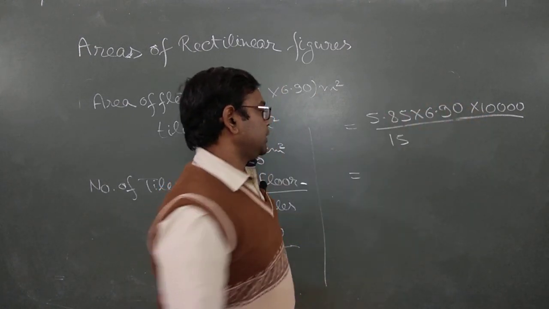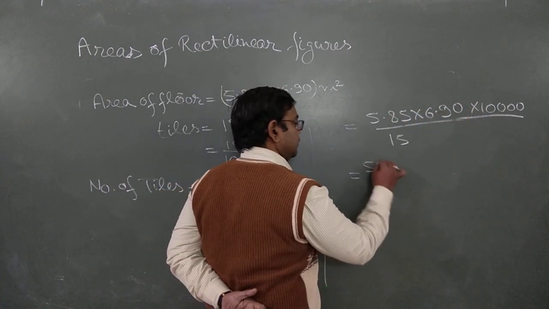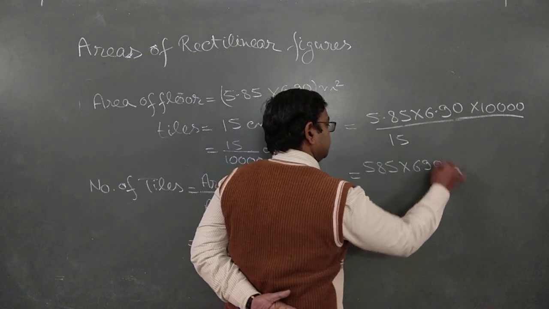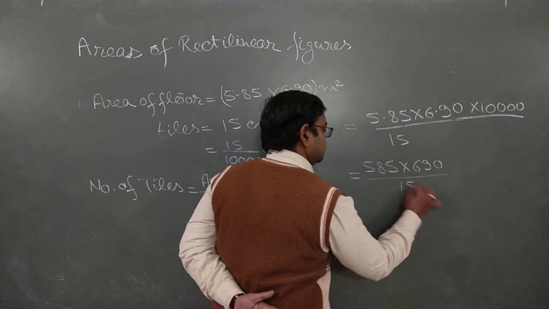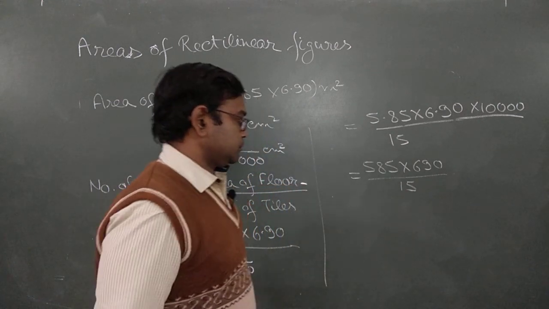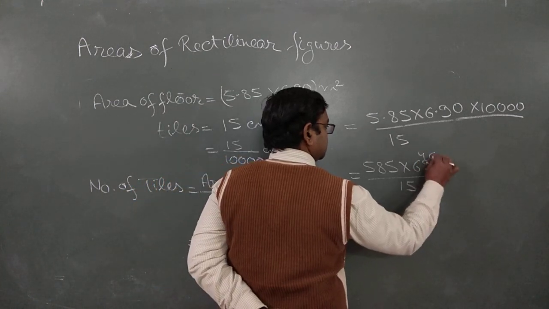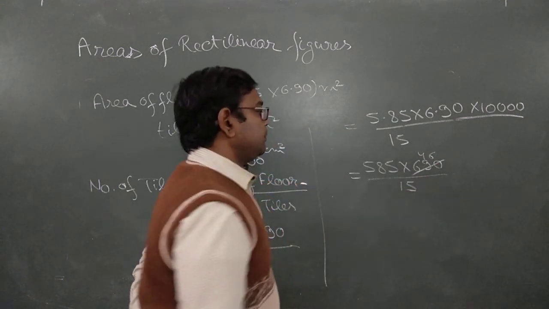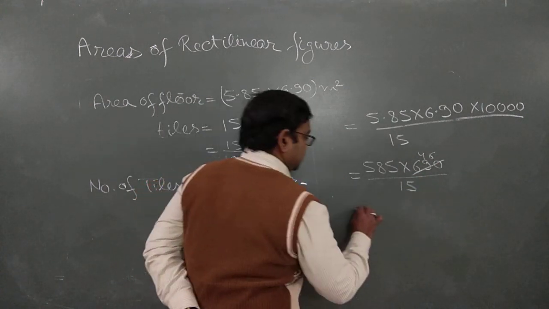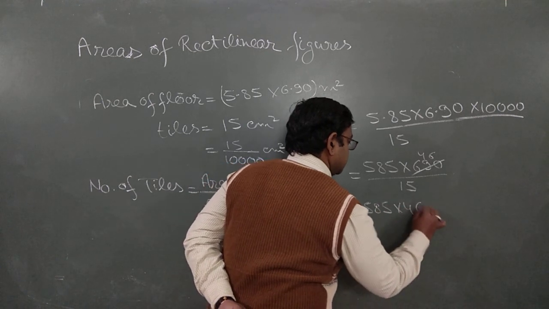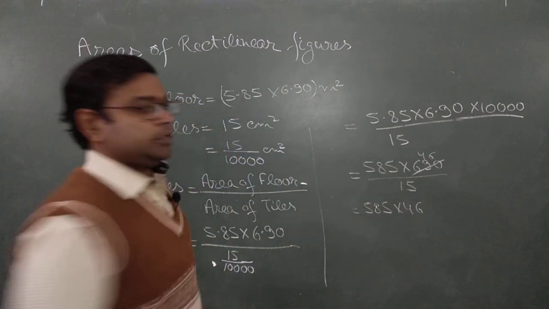So here we can easily write 585, remove the decimal, and 690, remove the decimal, by 15. 15 4s are 60, 15 6s are 90. It's 585 into 46. To multiply, it is your answer.